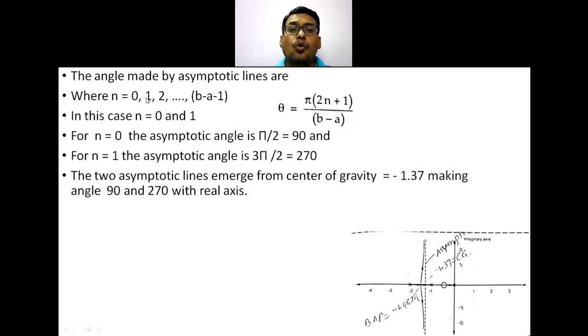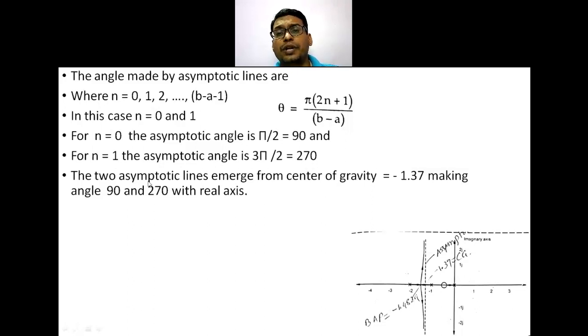That will have the value of 1, means n up to 0 and 1. Two angles will be there. For n equal to 0, I will get the asymptotic angle as pi by 2. Here I substituted n equal to 0, so pi by 2, since b minus a is 2. Then for n equal to 1, the asymptotic angle is 3 pi by 2, which is nothing but 270 degrees.